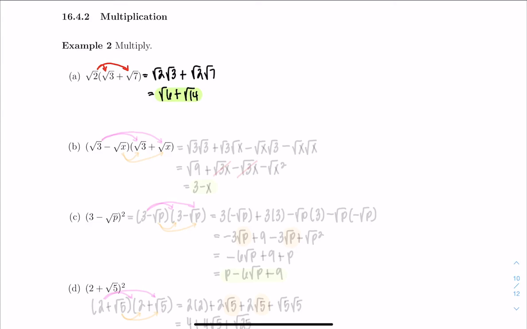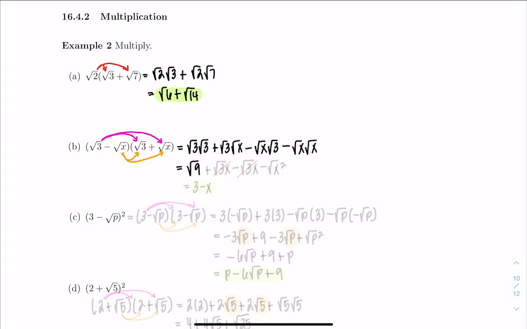For part B, we want to FOIL. So we're going to distribute the square root of 3 to both pieces. And then we're going to distribute the negative square root of x to both pieces. So that gives me square root of 3 times square root of 3 plus square root of 3 times square root of x, and then minus the square root of x times the square root of 3 minus the square root of x times square root of x.